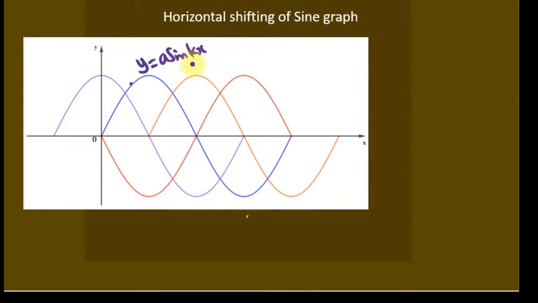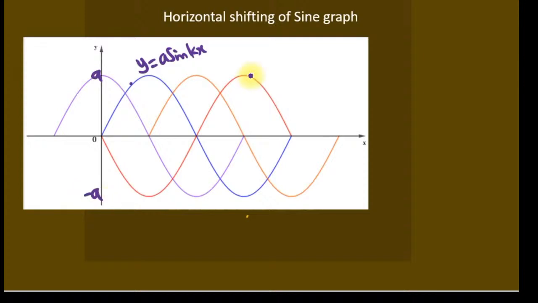So we can get the other 3 by shifting this blue graph either left or right, and also reflecting it about the x-axis. So look at this one in blue, and look at the red one. If here is a, because the absolute value of a is called the amplitude, here is minus a.